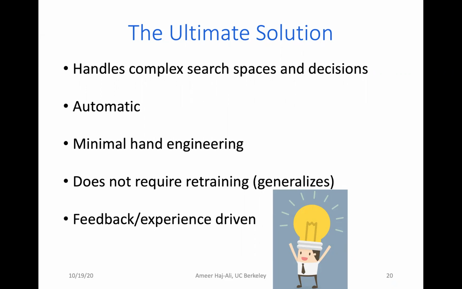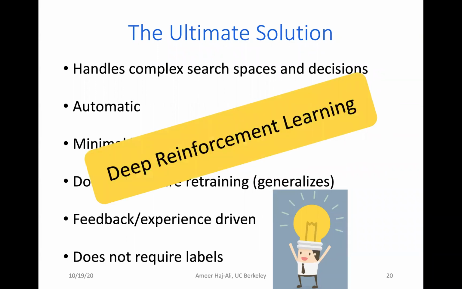And by that, I mean that we actually compile the program and we actually run the program and measure real performance, not based on some guesstimate. And we don't want it to require labels, because this will make it take a long time to train, or even impossible. And this thing is basically available in deep reinforcement learning.